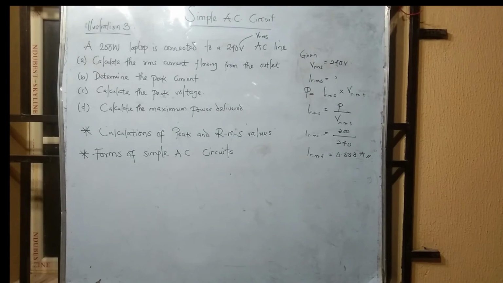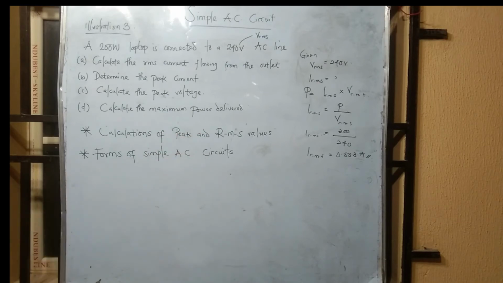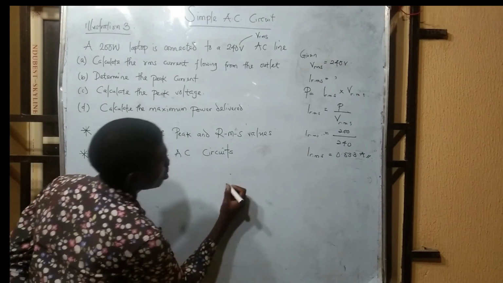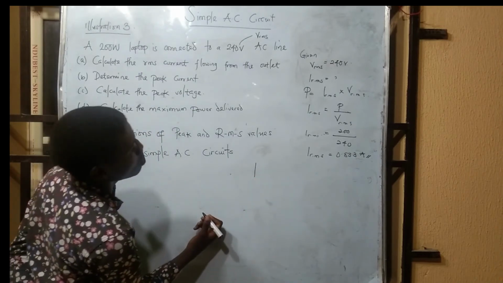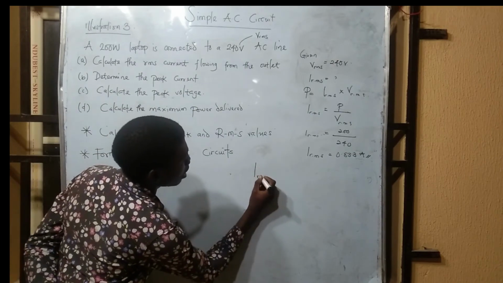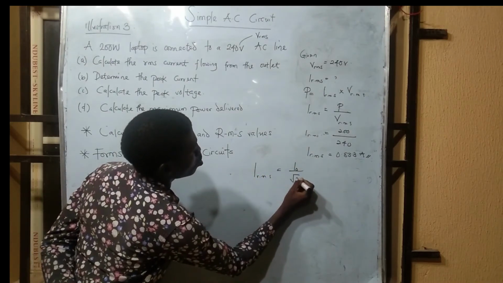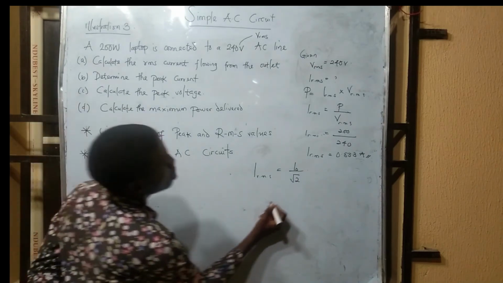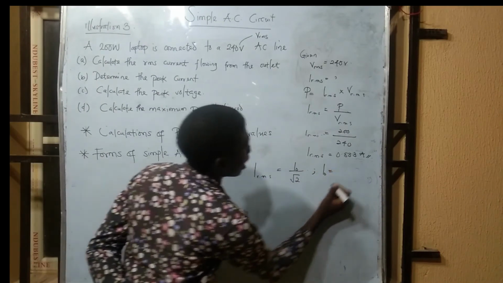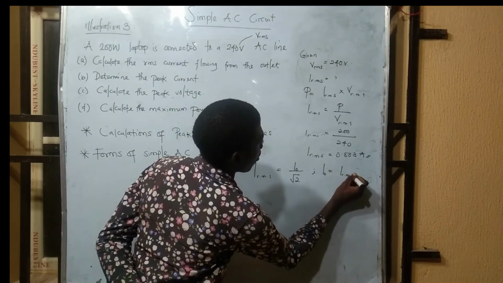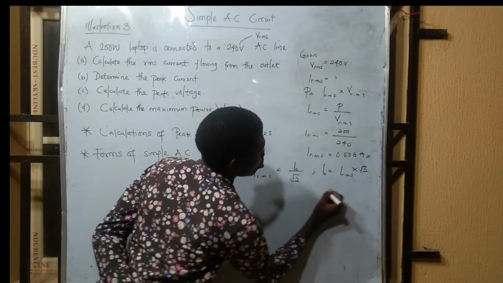For us to proceed to the peak current, since we have our Irms and we know that the relationship between our peak current and our Irms is Irms equals our peak current over square root of 2, we need to make our peak current the subject of the formula, then multiply our root mean square current times root 2.